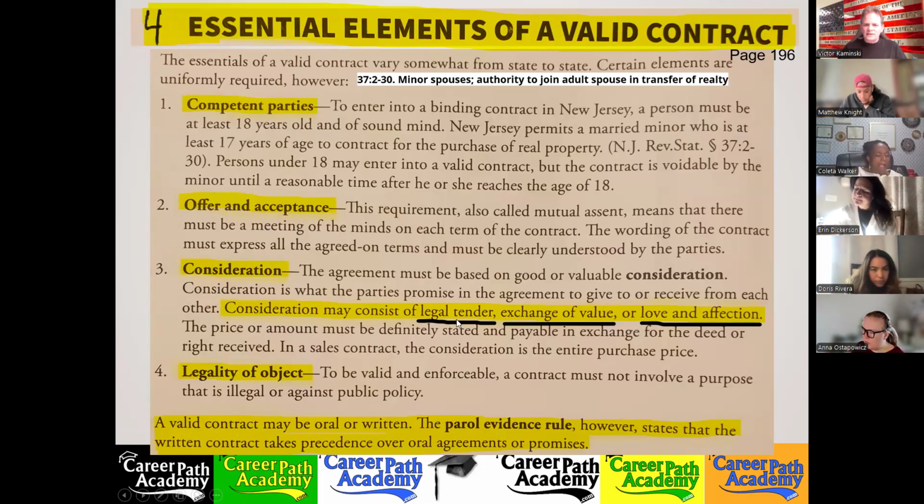It could be legal tender, exchange of value, or love and affection. And legality of the object is the 4th essential element of a valid contract. And then down the bottom, we'll highlight that a valid contract can be oral or written. And the parol evidence rule states that written contracts take precedence over oral agreements or promises.